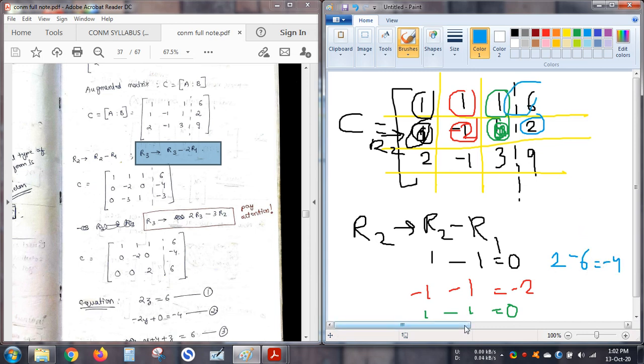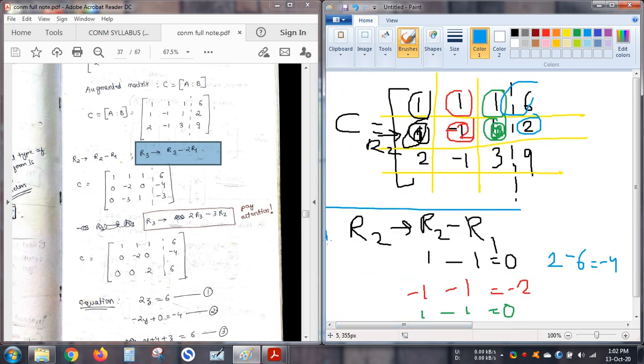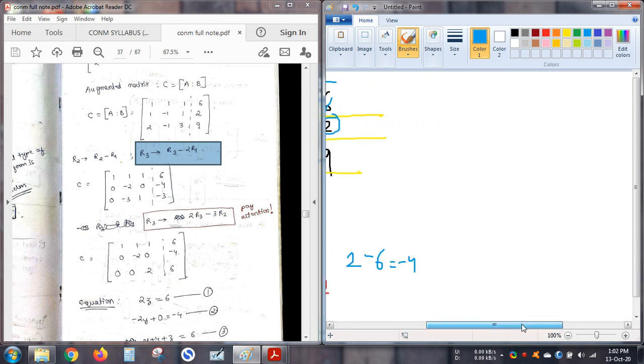You will see you only did the operation on R2, so only R2 will change, and R1 and R3 will remain the same. So now my augmented matrix becomes: R1 remains the same, so it is still 1, 1, 1, 6.